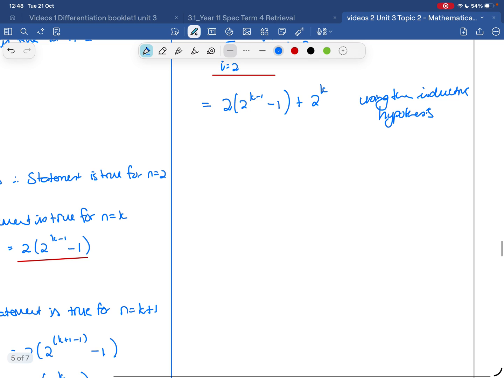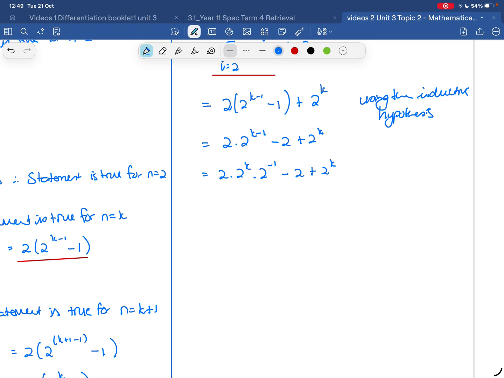And now it is a case of playing with it, rearranging it, and trying to get it into the correct form. So knowing my exponent laws, maybe I can expand first. So 2 times 2^(k-1) minus 2 plus 2^k, and 2 times 2^k times 2^(-1) minus 2 plus 2^k.